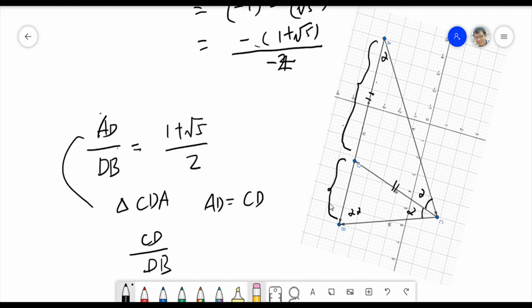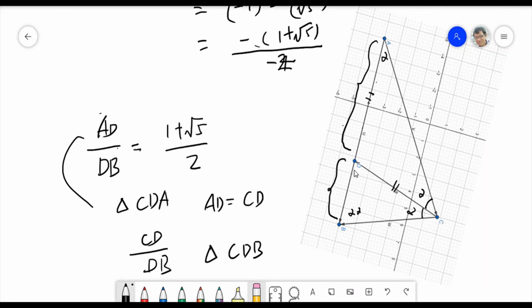So look at CD over DB. In another triangle, triangle CDB, I now tell you this triangle is another golden triangle, right? Because this is theta, and of course this is two theta. These are two theta, and how about this one?